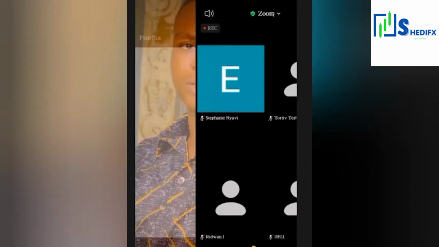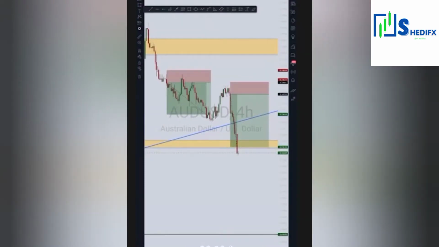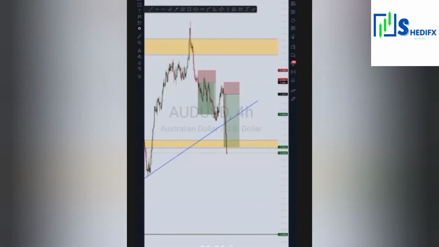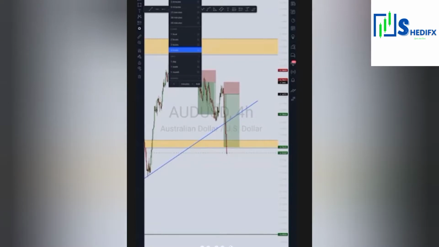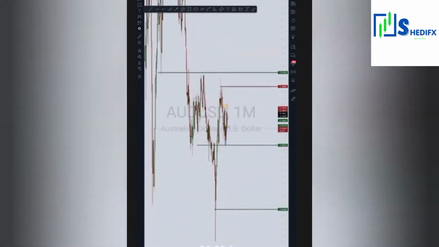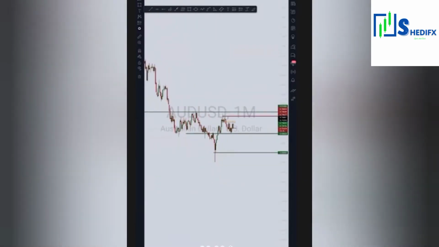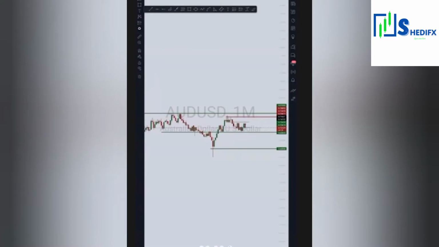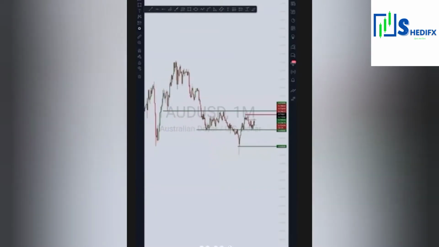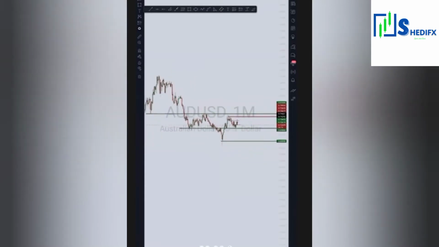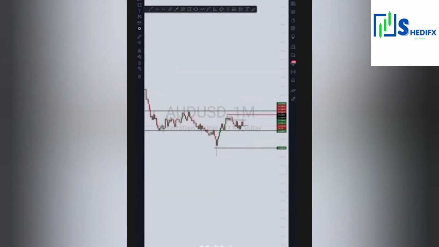All right, let's go. So let's go to our monthly time frame. Let me see if we have something. Moving this trend line here. All right, fine.